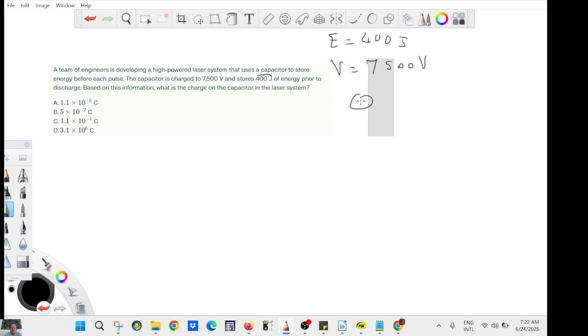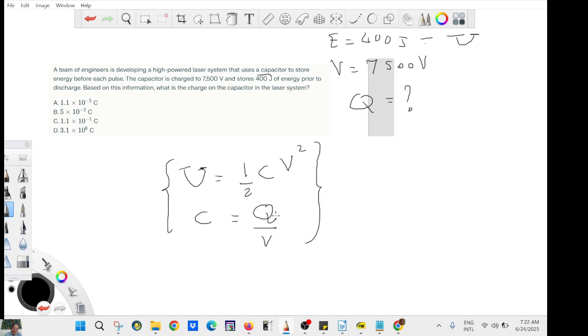What is the charge? So the energy, and sometimes energy is called capital U. One equation is 1/2 capacitance V squared. Okay, that's the easier equation to remember. And you have C, the capacitance, which is the amount of charge per unit voltage.